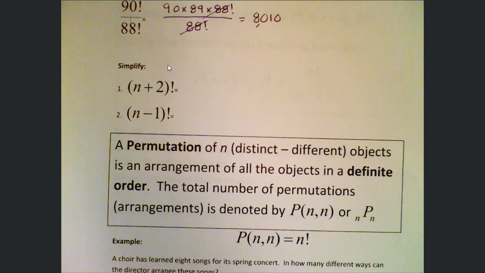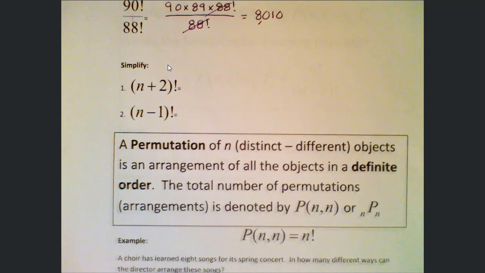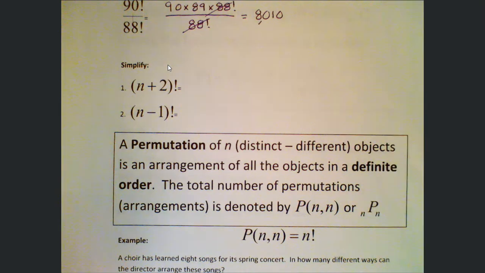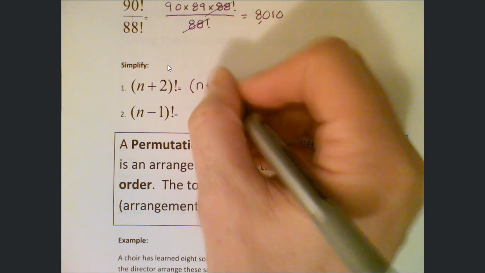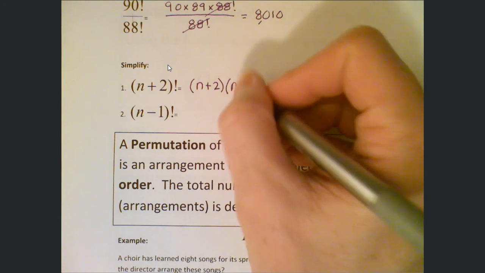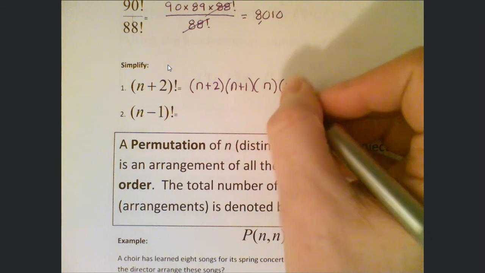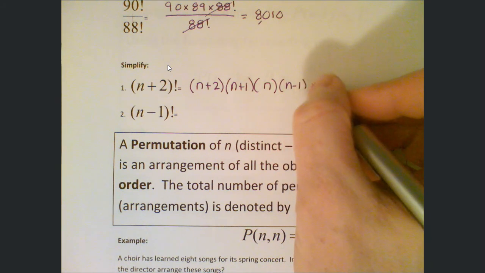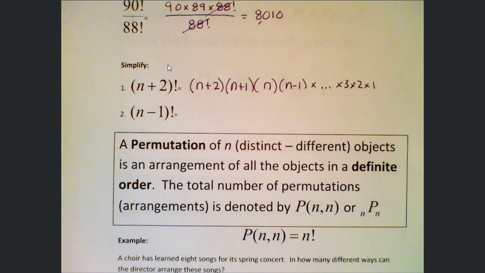Some slightly more academic and theoretical stuff that we can do here is how can we rewrite n plus 2 factorial? Well, since n factorial is just a reduction by 1 of each case, n plus 2 factorial would be n plus 2 times, then we drop it by 1, n plus 1, n, n minus 1, times dot dot dot times 3 times 2 times 1, like so.